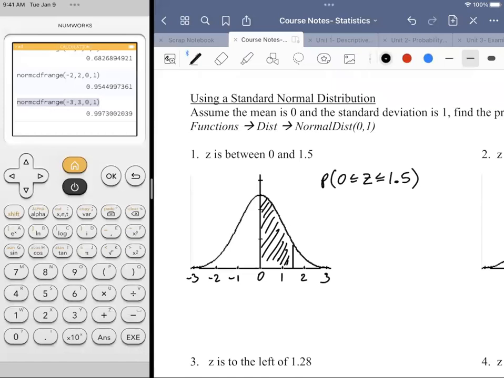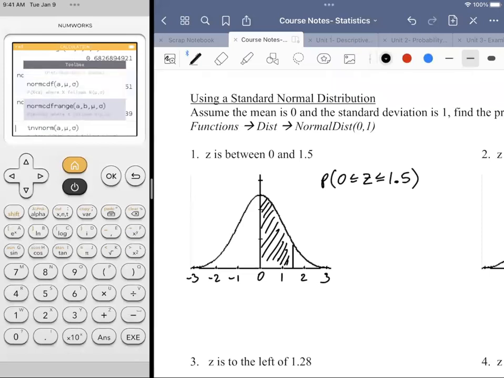All right. Same one I have on the screen, but let me do it from scratch again. You land here when you go into the toolbox for the first time. If you land in an unfamiliar location and wonder how you got into this menu, just keep hitting the back arrow until you get to that landing area. Then go down to probability, go to distributions, normal. We select norm CDF range.